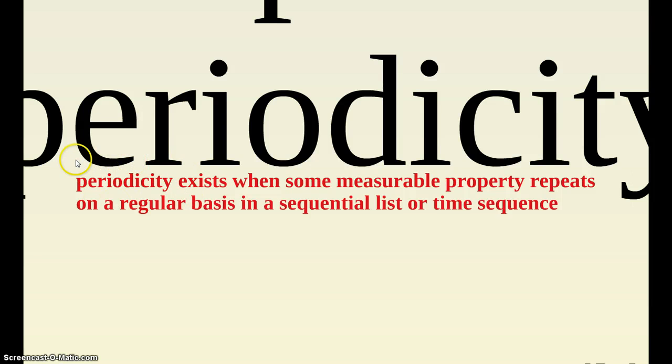Periodicity. What does this mean? It means that some property, something about a substance, repeats on a regular basis. So something that happens periodically happens on a regular basis in some list or time sequence. So we saw that there was something repeating, when some measurable property repeats.